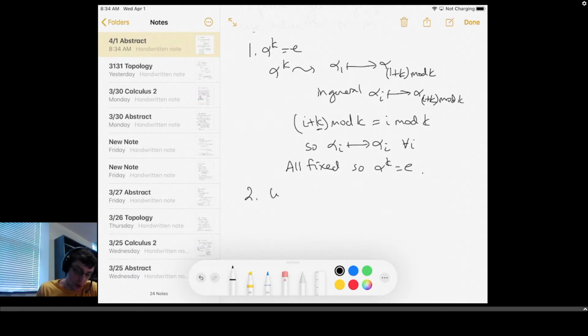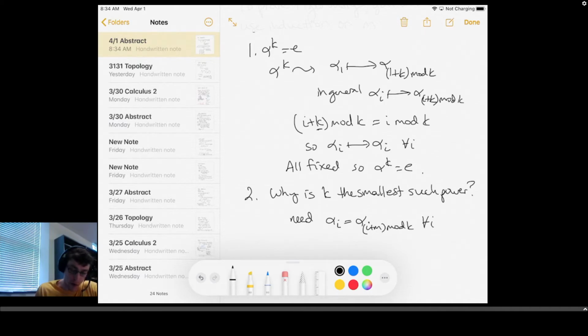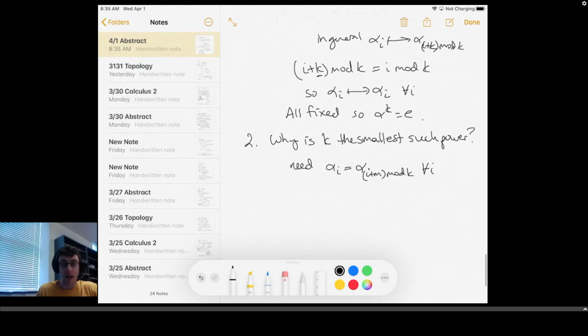Okay, so that's the first part. So then, why is k the smallest such power? Well, you would need alpha i equal to alpha i plus m mod k for all i, if we fix everything to be the identity.